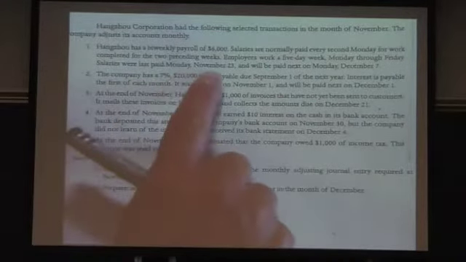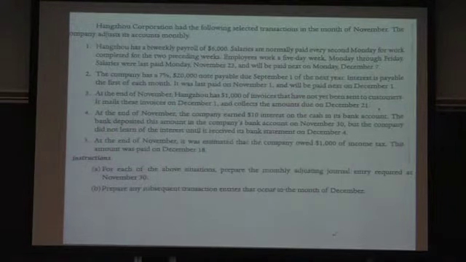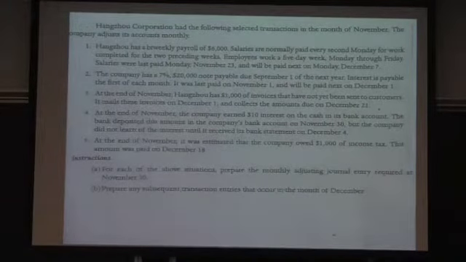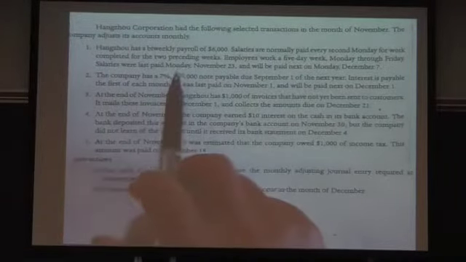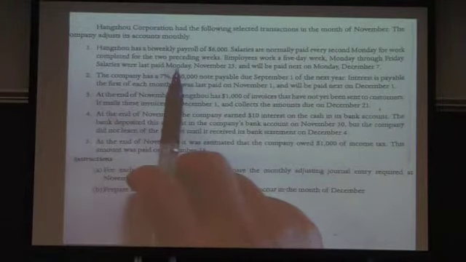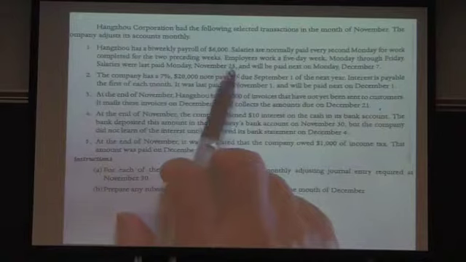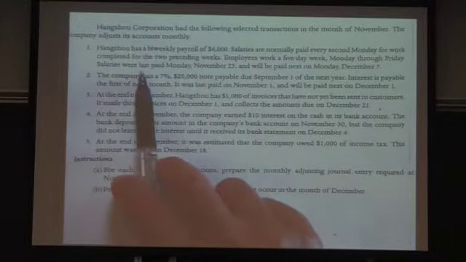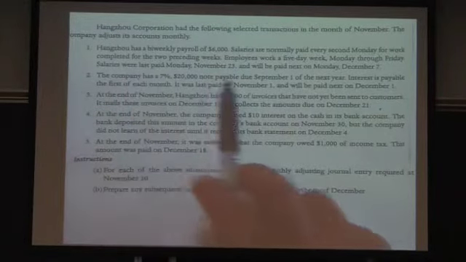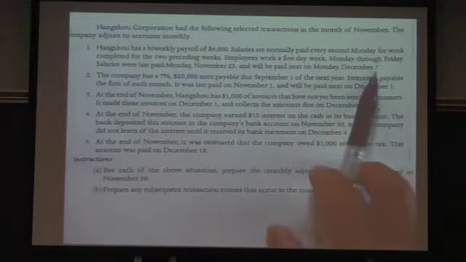And the next pay will be Monday, December the 7th. Essentially, the last time we recorded a salary expense was on Monday, November 23rd, for the 2 preceding weeks. The next salary payment is December the 7th.